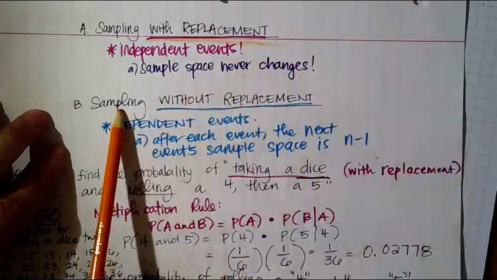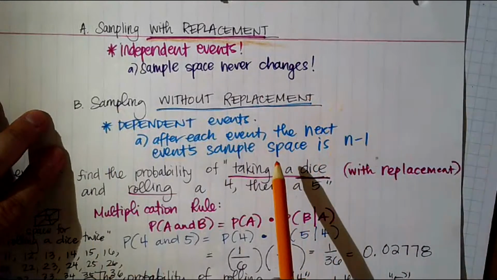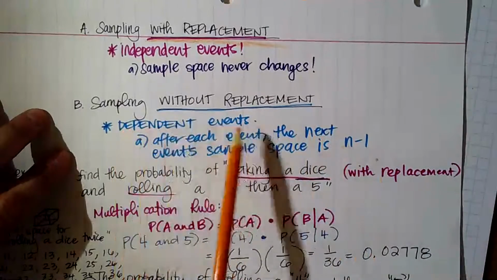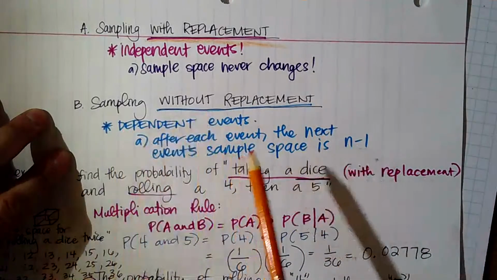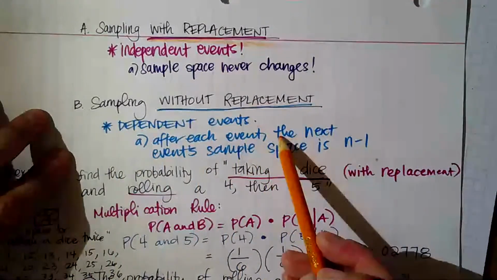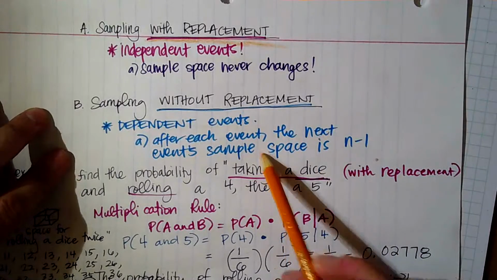However, when I'm sampling without replacement, as in that sock stays outside after it's been chosen, it doesn't go back into the pot. These are dependent events because after each event, my sample size reduces in size. And so now the probability of the other one is greatly affected from that sock not being replaced.